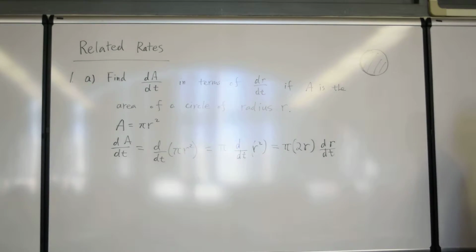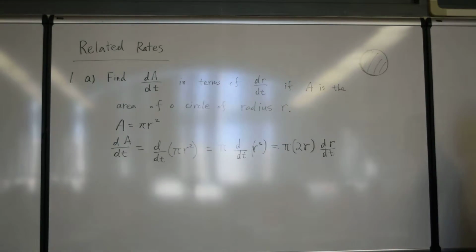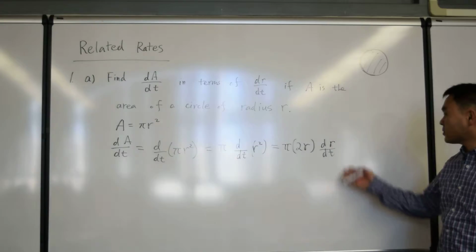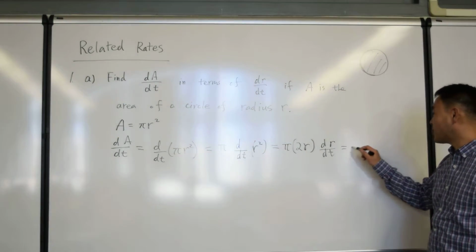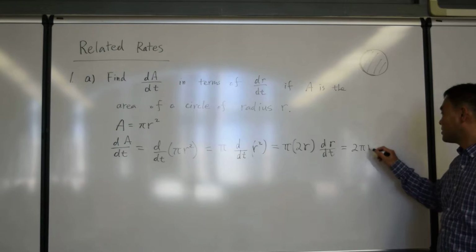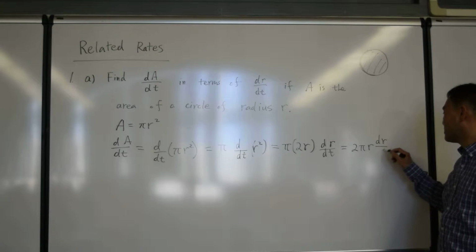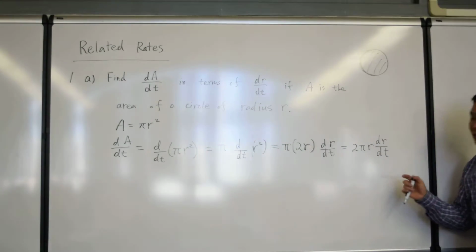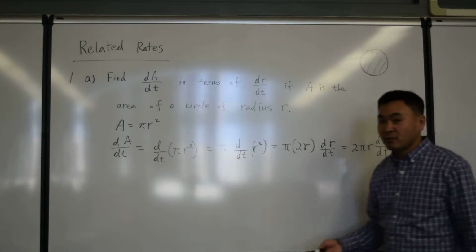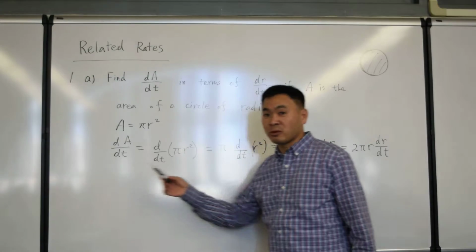So that's what we found. So that's what dA/dt equals then? Yeah, and actually this is the answer. I mean, if you want to simplify, it's 2 pi r dr/dt. So dA/dt is 2 pi r dr/dt. And as you can see, you've made a relationship between the derivatives.